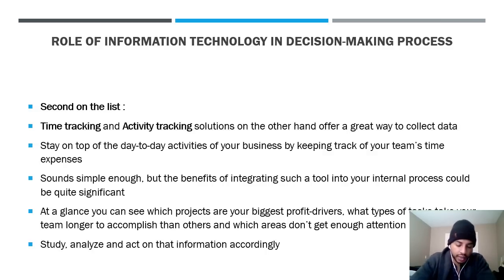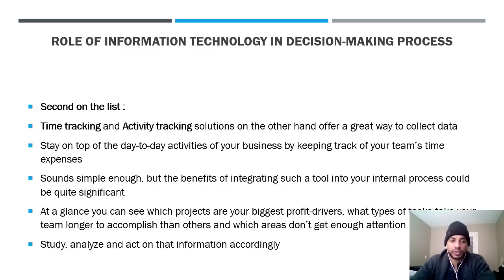You have data like that. So if it takes a while to load that truck, you can ask, why is it taking so long, and how can we make that even faster so we can increase our profits and make our company more efficient? These are the types of things you get from time tracking and activity tracking.